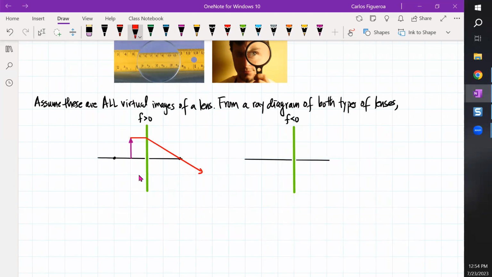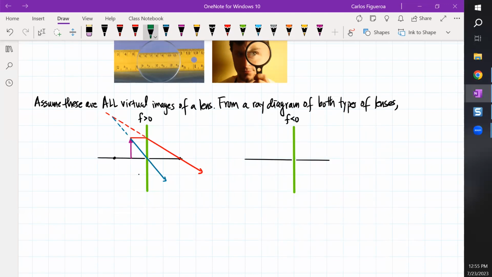But because this is going to be virtual, we have to follow the rays backwards because it's inside the focal point. And then my second ray has to go through the center of the lens, which goes like this, but then I follow it back like this. So then I see that I have an image.